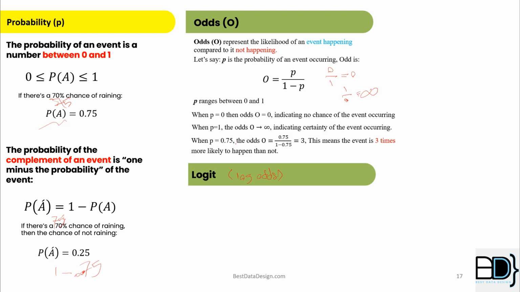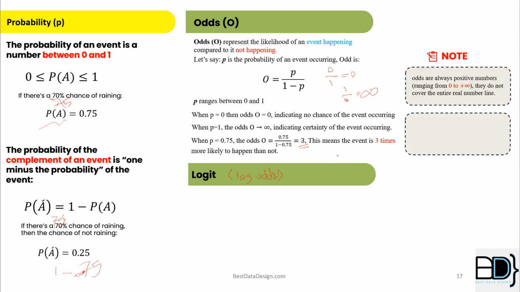When P is 0.75, the odds is 3 if we use the formula. This means that the event is 3 times more likely to happen than not.